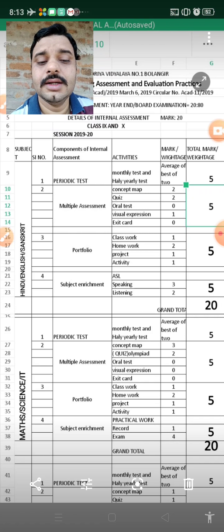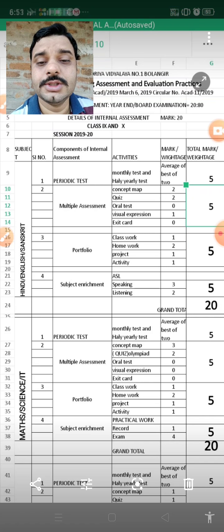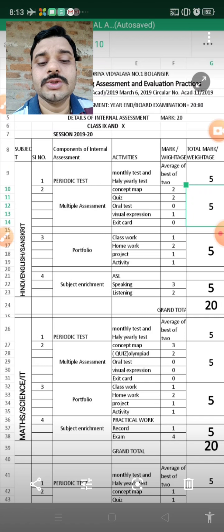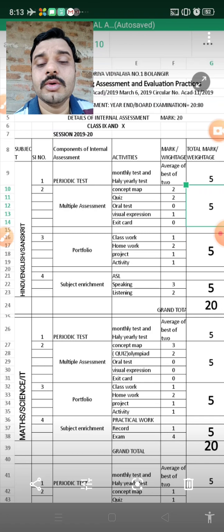And there is another part, that is subject enrichment, ASL, assessment of speaking and listening. We conducted this last year for class 10 students. For speaking, you will be given some topics. You have to speak in support of the topic, or against or in opposing the topic.